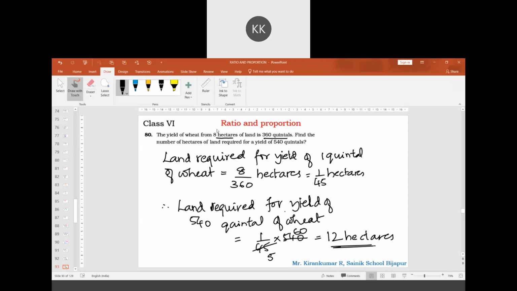If you want to convert hectares in terms of meter square, it has to be multiplied with 10,000. Since the question is given in terms of hectares, I am getting the answer in terms of hectares. Clear?